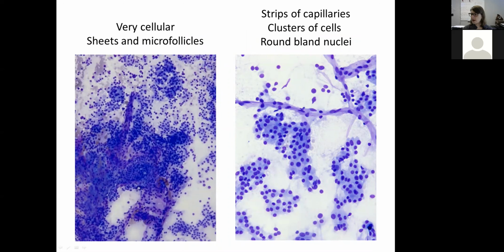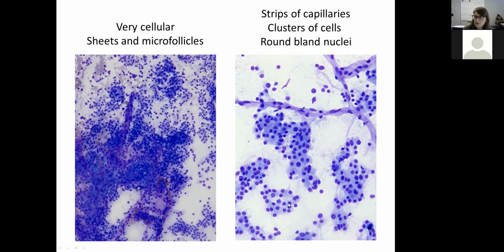All right, now moving on to the next case, which, unlike the prior, is very cellular. So this has sheets and clusters of thyroid cells, sometimes interspersed individual cells. There are these strips, as I'm trying to point out here, of capillaries, and then again, these clusters of cells.